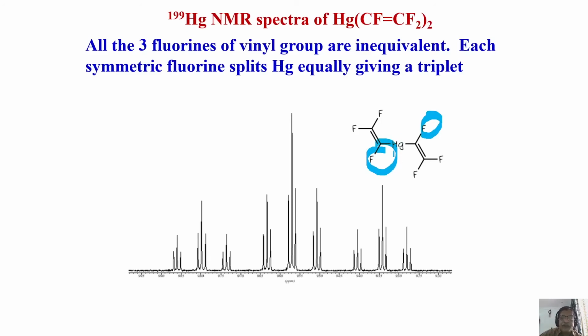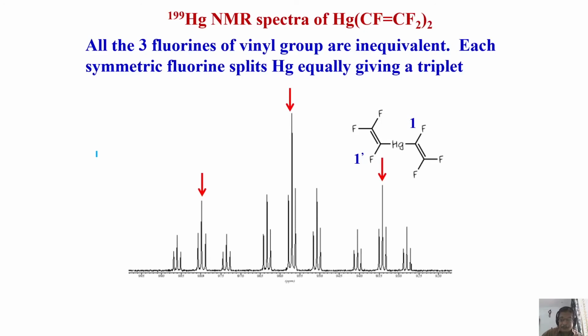So if this is coupled to this and this is coupled to this by the same coupling strength, what pattern do you expect? I told you it has to be a doublet of doublets, the central 2 lines overlap, and you get a triplet. That is what you are going to observe. These 2 split mercury into a triplet-like pattern like this. Only 3 peaks you get, nothing more.